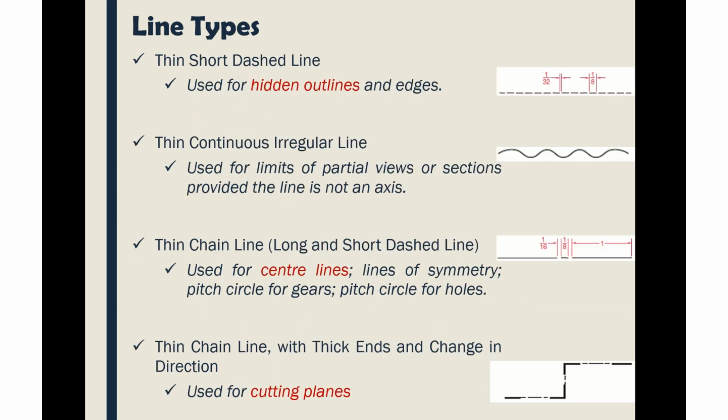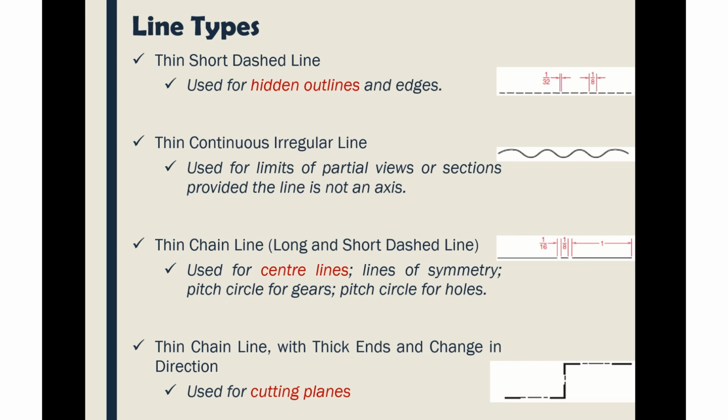Also, we have the thin short dash line. The thin short dash lines are used for hidden outlines or edges in our drawing. Okay, so it is used for outlines or for parts of the drawing that in the actual sense you cannot see, but they are there in the drawing.